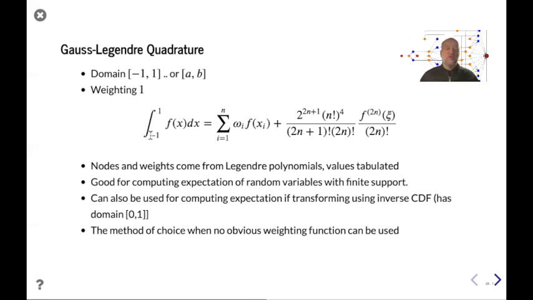You can easily make a change of variable so it goes from a to b instead of just -1 to 1, a general integral. And it can also be used for computing expectations if we're making a transformation using the inverse CDF, so that the domain becomes 0 to 1.